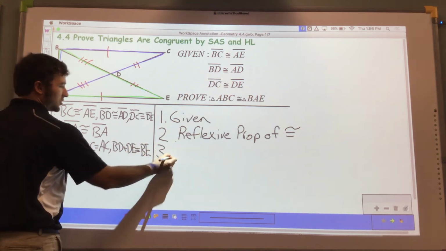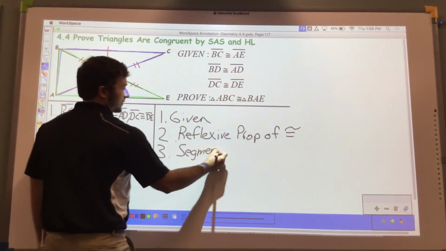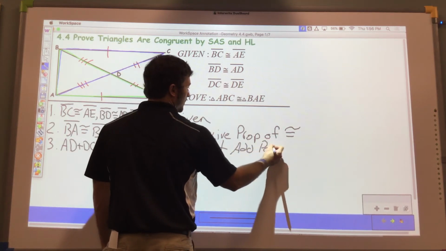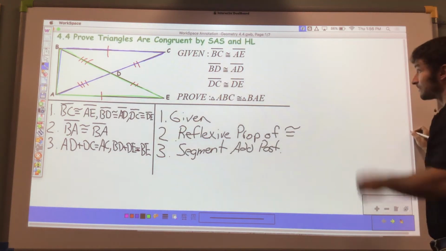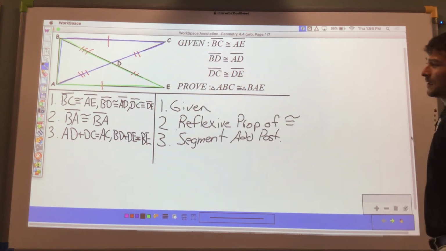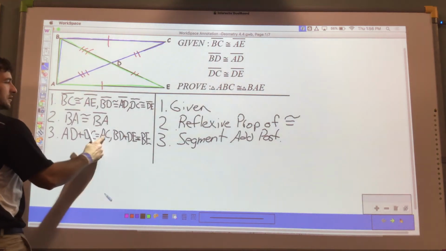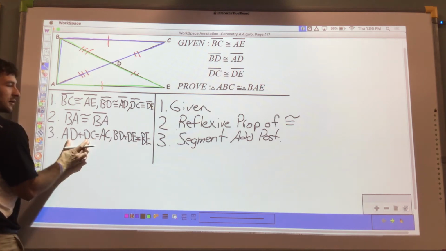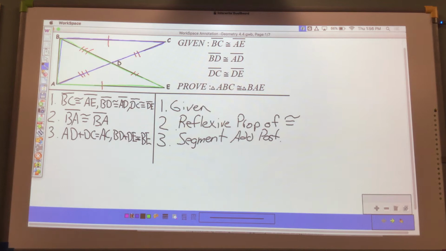And that's postulate 2, or segment addition postulate. And our goal, again, is to show that these two are the same. So if we can get, say, this chunk and this chunk to match, then we can say AC and BE are the same. So that's going to be the goal.